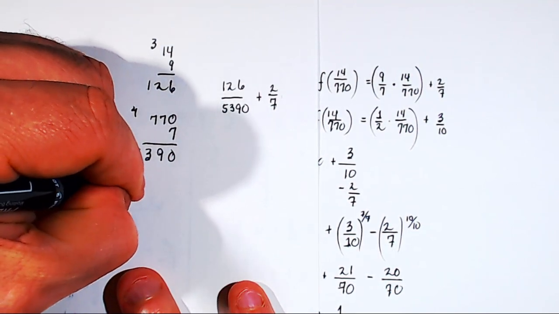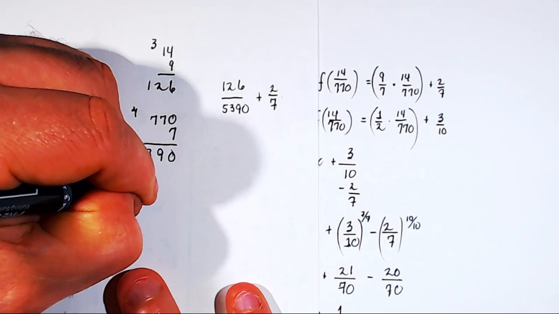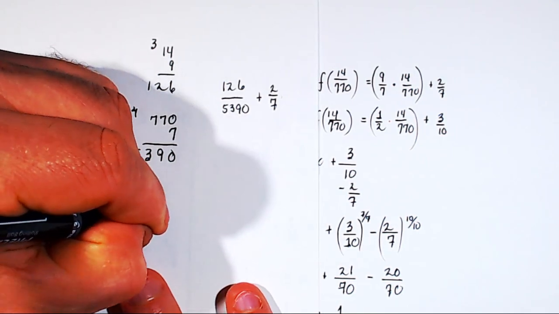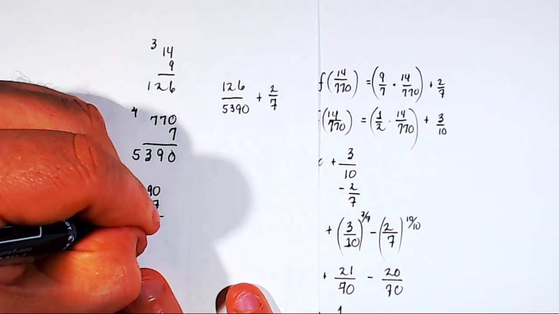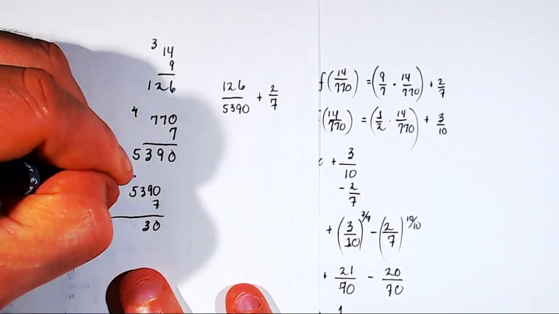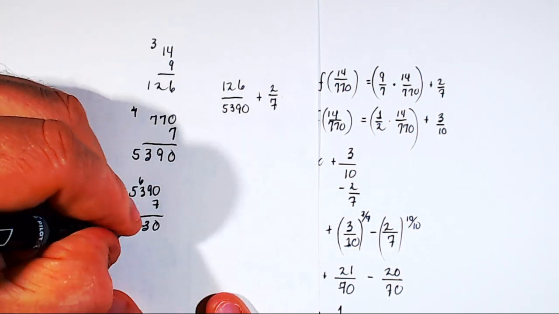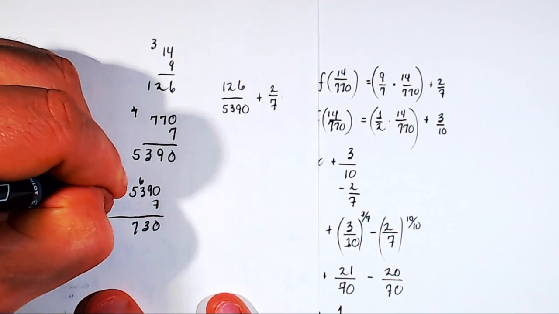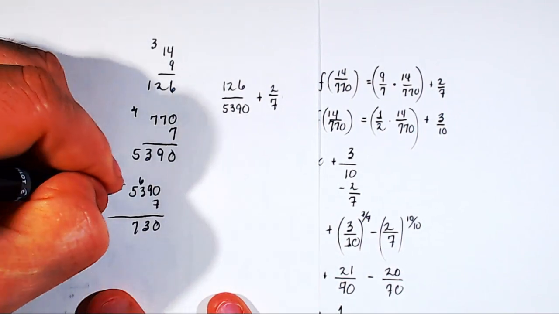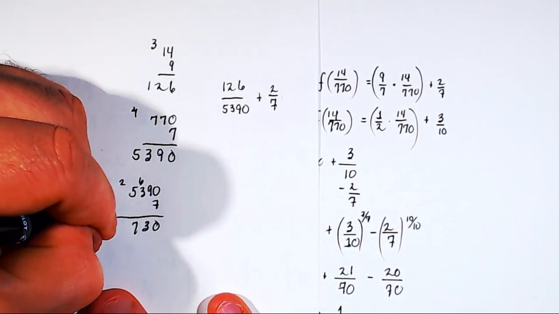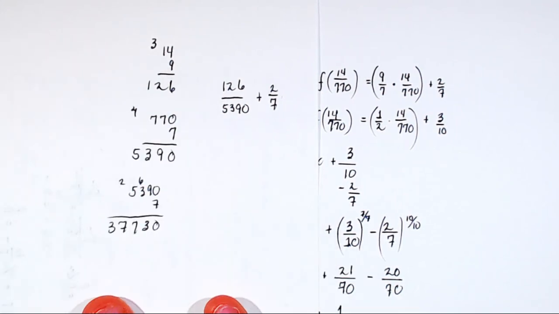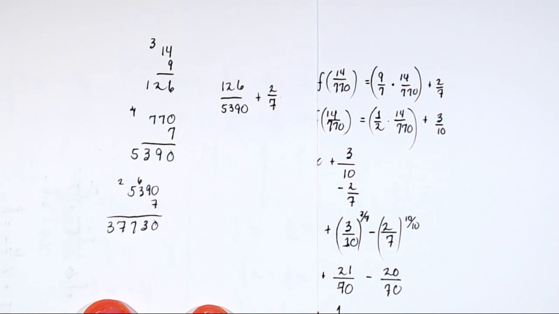Okay, so I get 5390 times 7. 3 times 7 is 21, plus 6 is 27. And then 7 times 5 is 35, 36, 37. So now I have 37,730 as my common denominator.